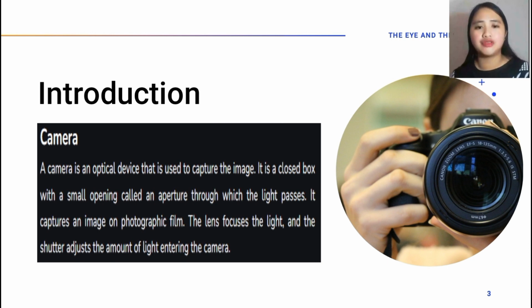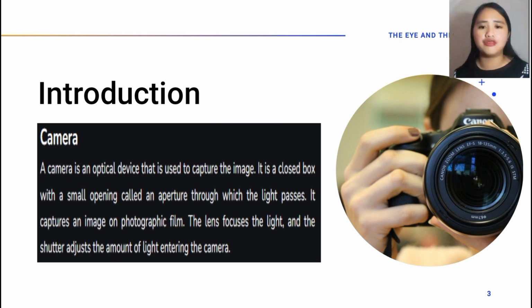Different lenses provide various perspectives, depths of field, and focal lengths, contributing to the versatility and creative possibilities in photography. In essence, the lens is a fundamental component for image formation in a camera.